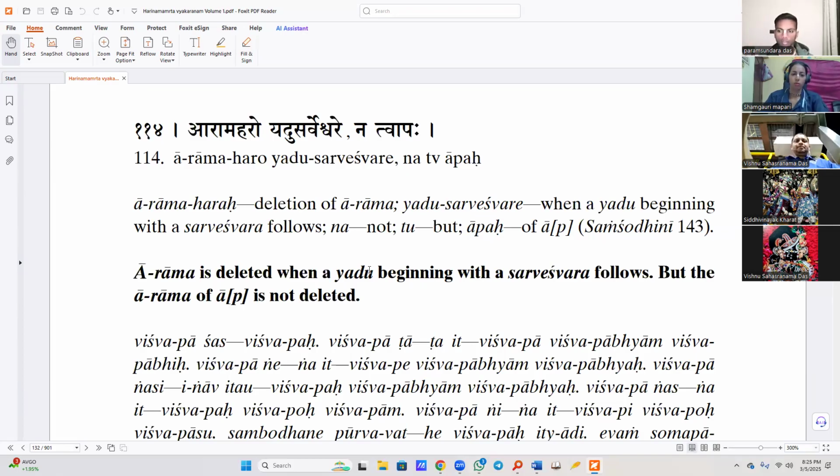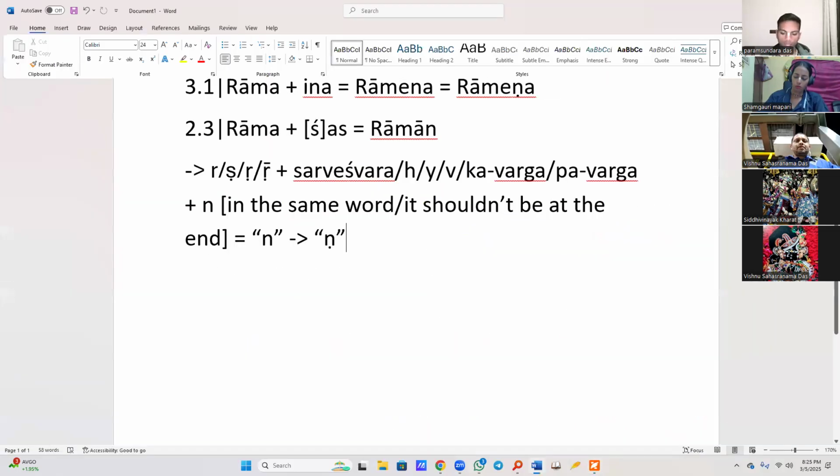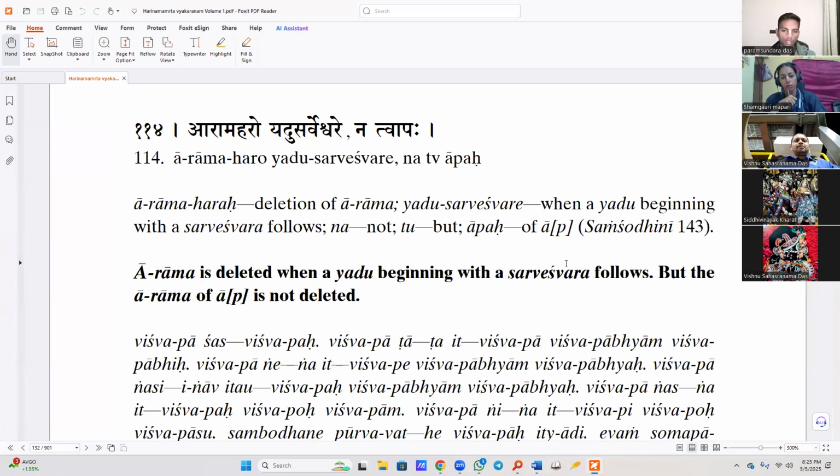So for example, Ta, although Ta begins with the letter Ta, we will consider it as a pratyaya, as a suffix beginning with the Sarveshwara because we do not count the indicatory letter, you know. So when we have Yadus beginning with the Sarveshwara following, then we delete the Arama.